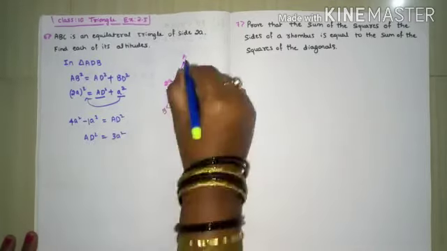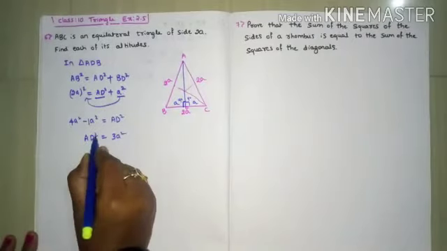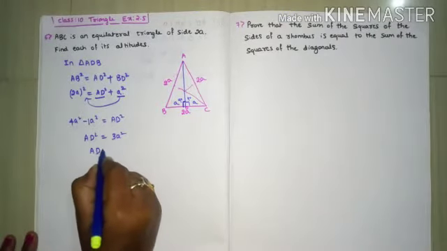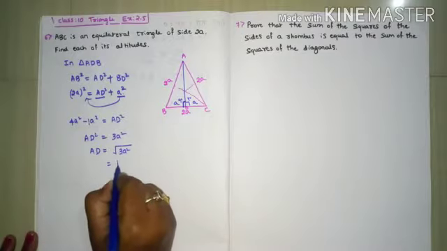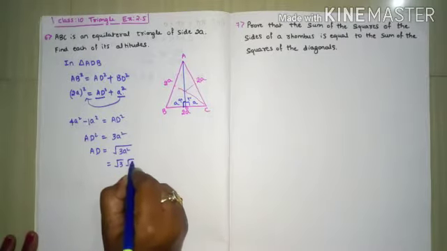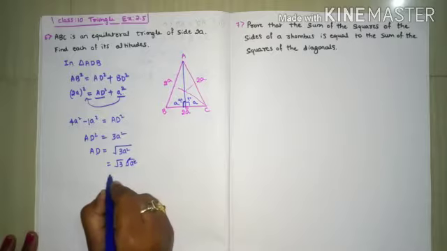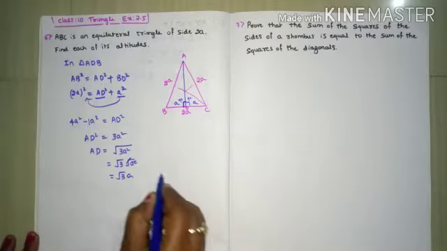Now we want AD, not AD square. So if you want to remove this square, you have to put the square root on the right side. Root of 3A square, you can write this as root 3 into root A square. Here square root and square will get cancelled. So root 3A.